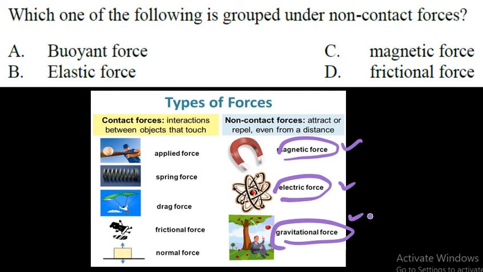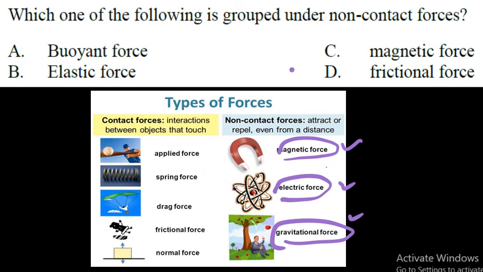If you throw a pencil up, the pencil will come back down to the ground because there is a force, but we cannot see that. There is no contact between the pencil and the ground when you throw it, but it gets back to the ground because gravitational attraction is a non-contact force. Electric force is the same, and magnetic force. But non-contact forces are many.